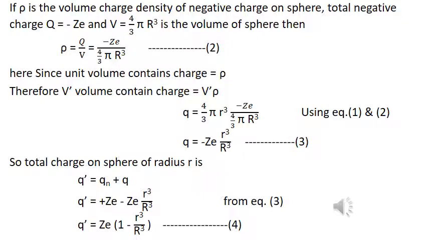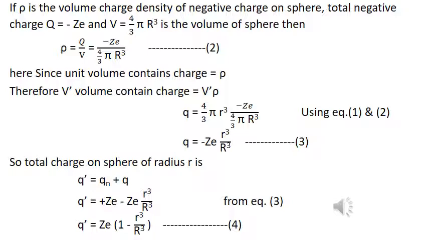Now, if rho is the volume charge density of negative charge over the sphere, inside the Gaussian surface the total negative charge Q is minus Ze, and the volume V of the whole sphere or atom is 4 by 3 pi capital R cube.